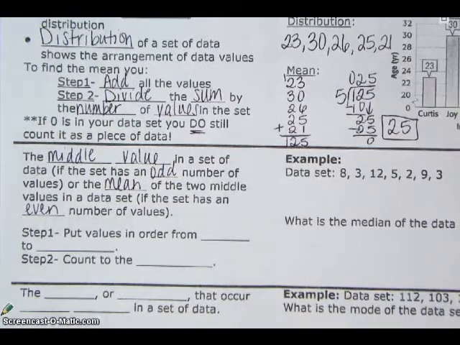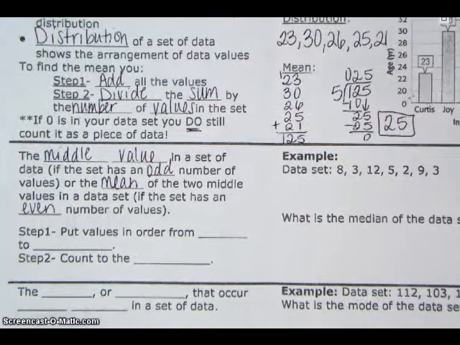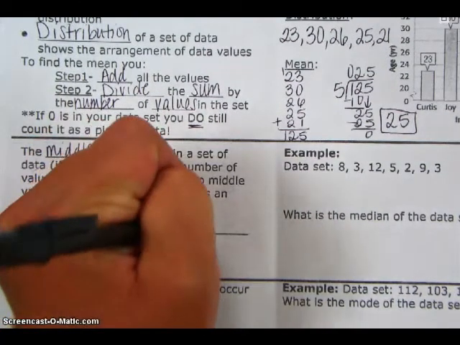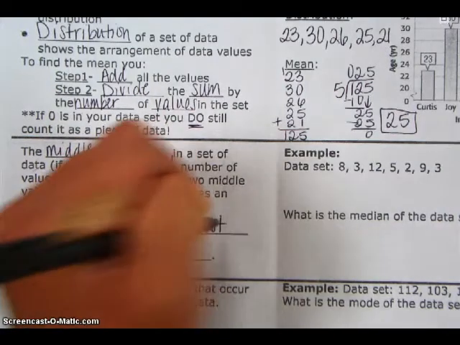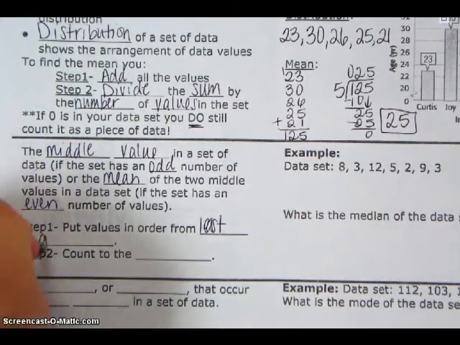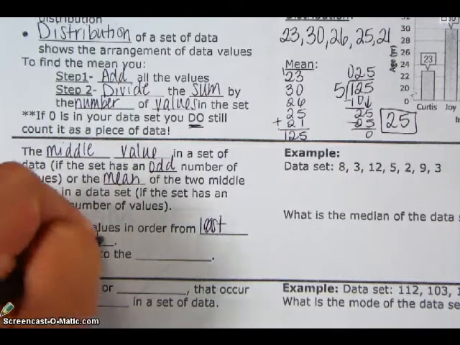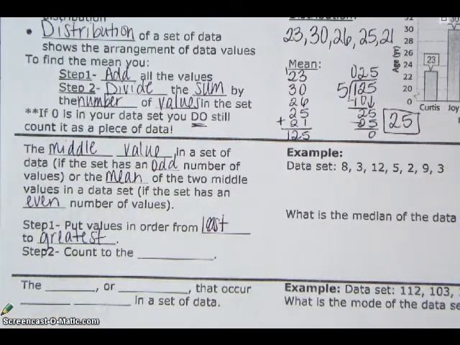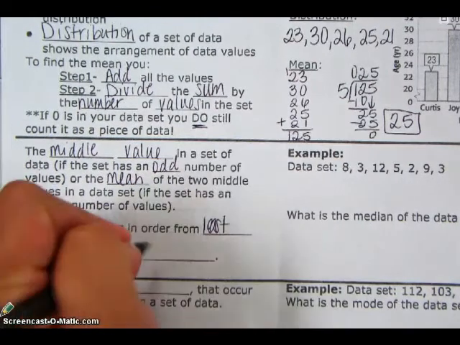So if your data set has an even number of values, when you get to the middle, you'll see 2 in the middle, and you'll figure out the average or the mean of those to tell us what your median is. Step 1 for figuring out your median is to always put your values in order from least, oops, almost misspelled least to greatest. Okay, and then once you have them in order from least to greatest, you just simply count to the middle.